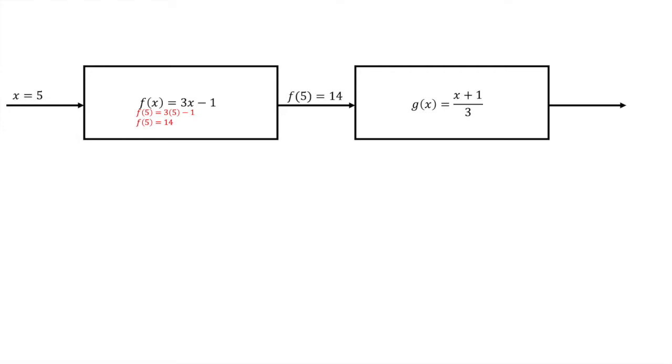So 14 is the output of the first machine, but also the input of the second one. So I've now got g of x is equal to x plus 1 all over 3, and I want to find g of 14. So 14 plus 1 all over 3 is 15 over 3, which is equal to 5.